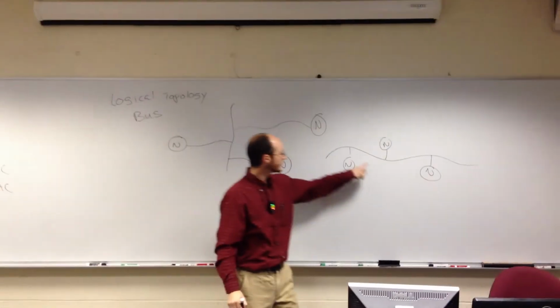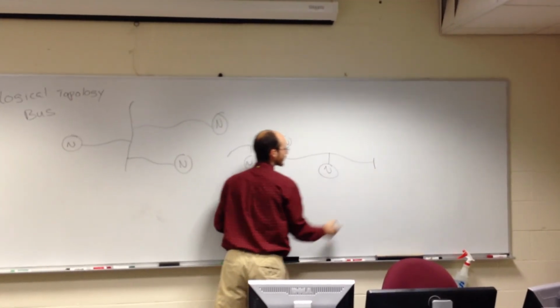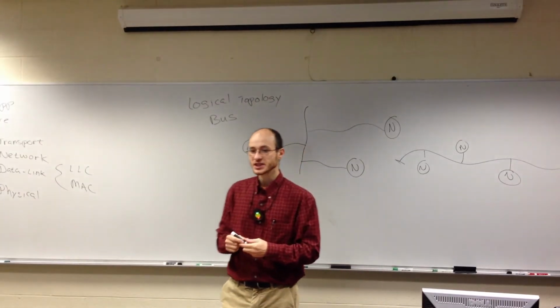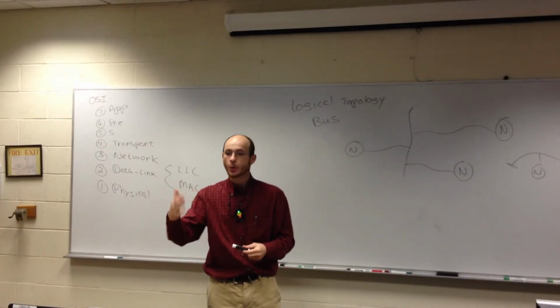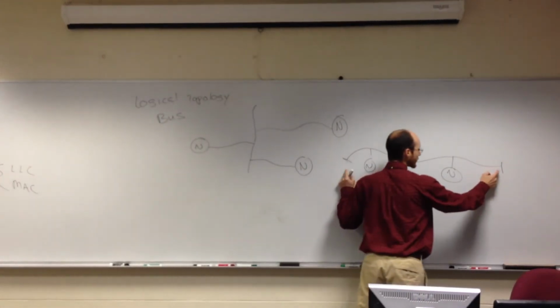And this became your main line, the bus. And at the end of this bus, there were terminators, because the signal would propagate, but it had to end. It just couldn't keep on going on and on. So the terminators would stop the propagation.